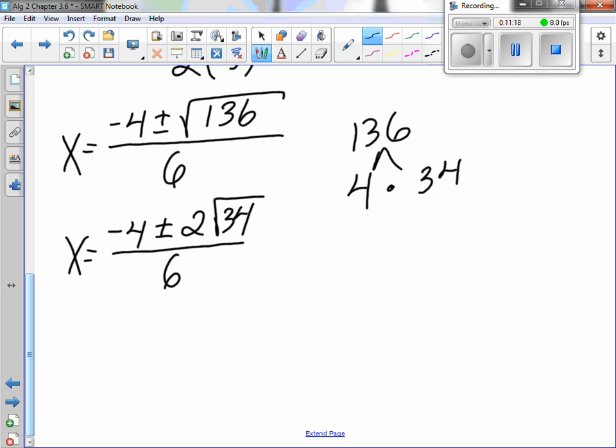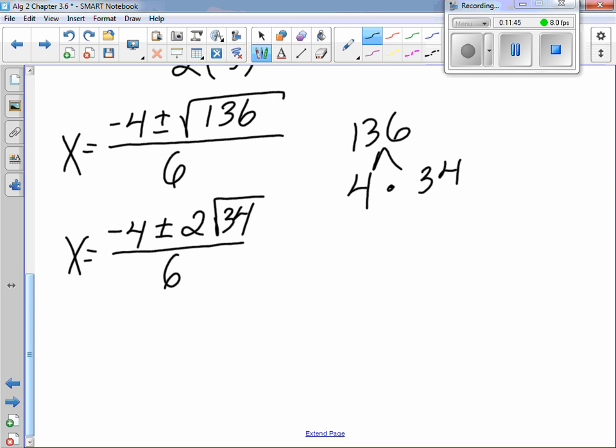The TI-30XS, those yellow calculators will simplify that root. So you can type the square root of 136 in the calculator. It'll tell you it's 2 square root of 34. It'll simplify it down for you. Any questions on this here? We good with this here so far?